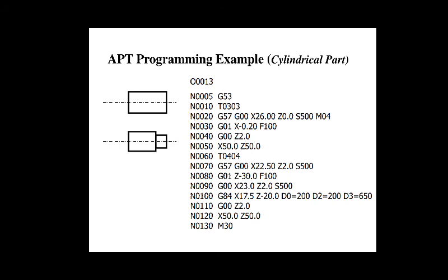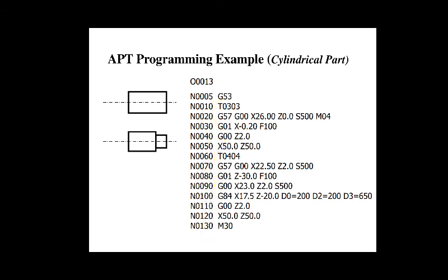Hence the increment of 5 to 10 should be maintained. You can see over here 5, 10, 20, 30, 40, 50, 60, 70, 80, 90, 100. A gap of 5 to 10 is kept in between these.